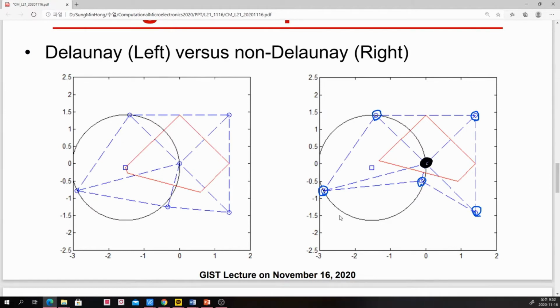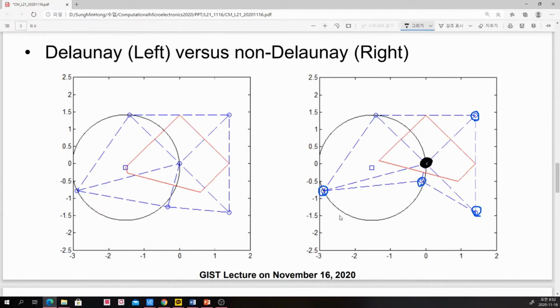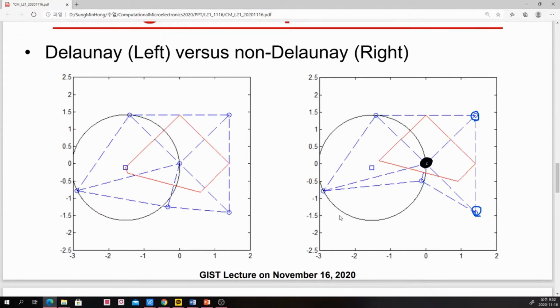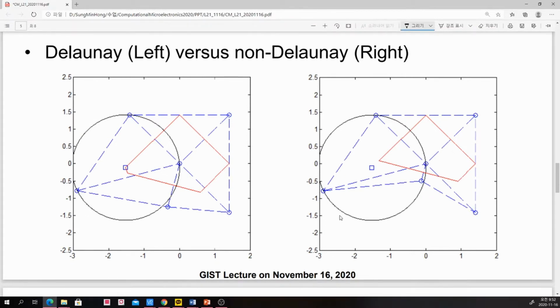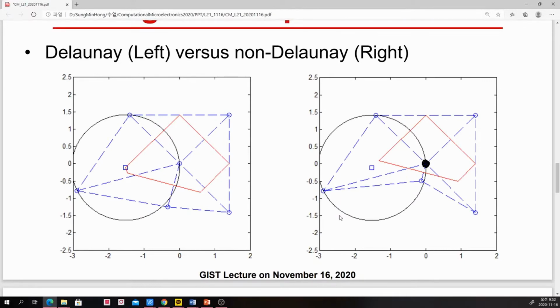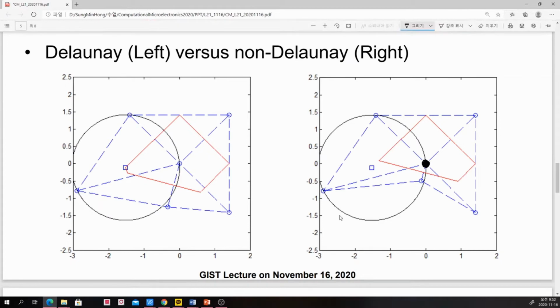non-zero length. That sounds quite obvious up to now, but let's have a look at a counterexample I have prepared here. Here we have a center node and we have 5 surrounding nodes, and the red box is the Voronoi cell. How does it look?